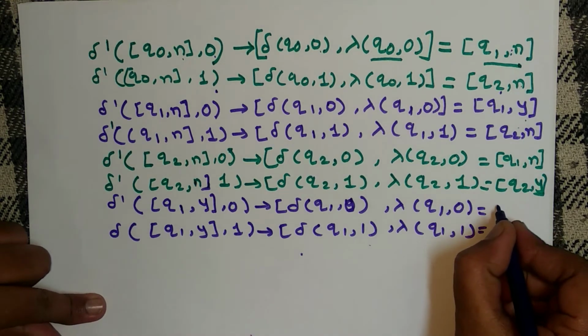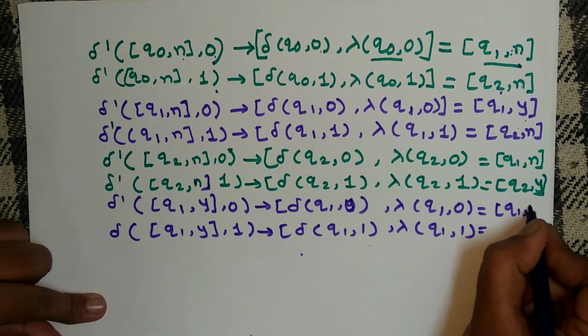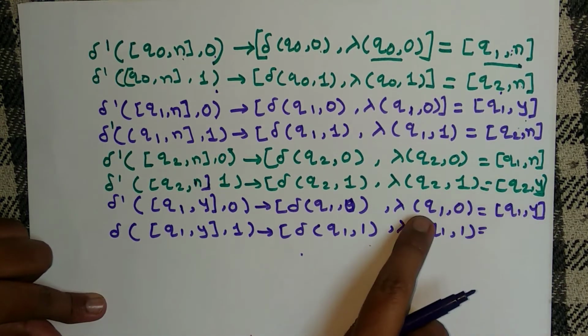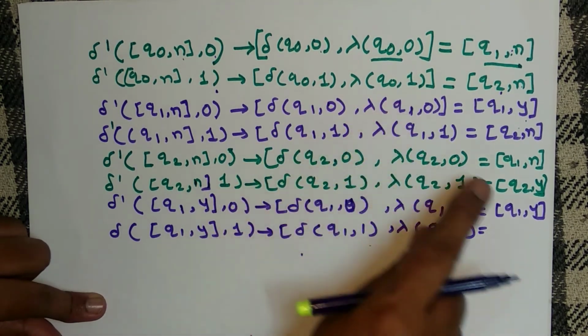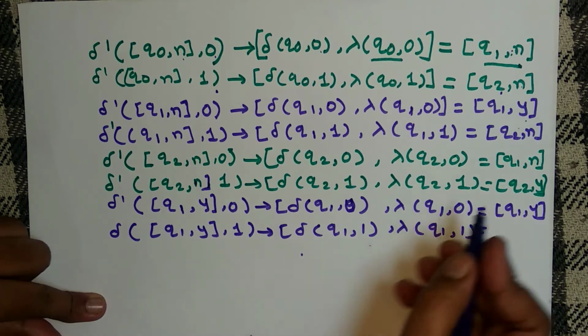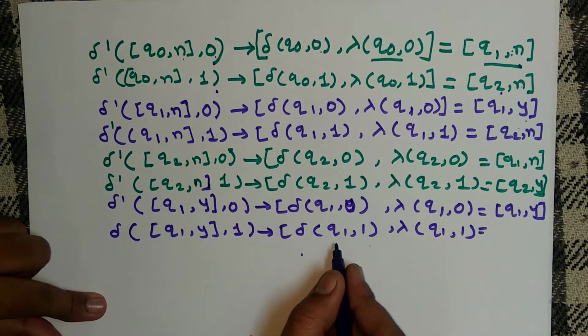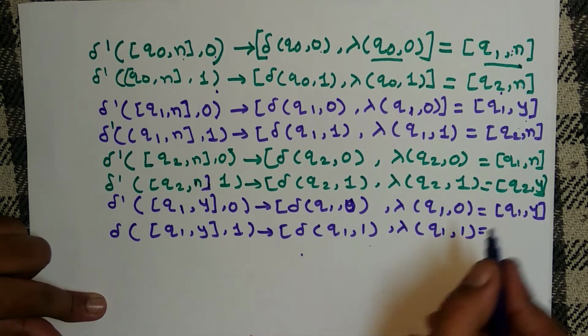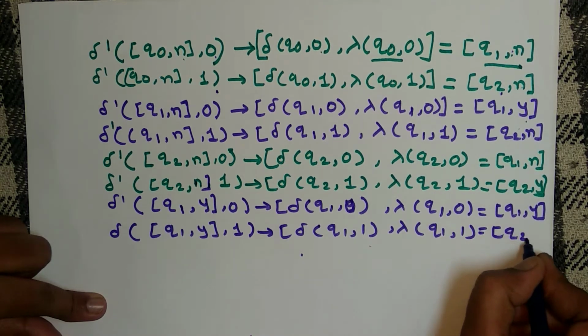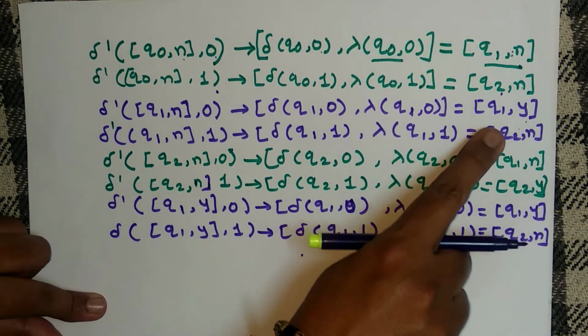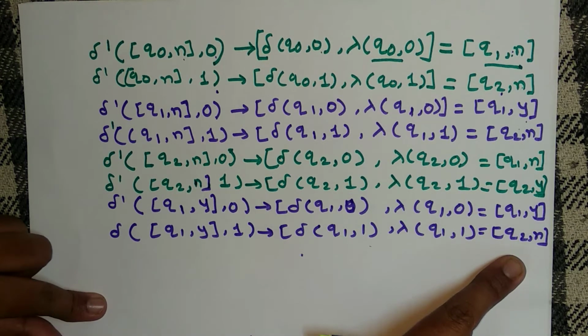In this case we will get Q1y, as Q1 over 0 gives the same delta and lambda. And for Q1 over 1, from this we will get Q2n.